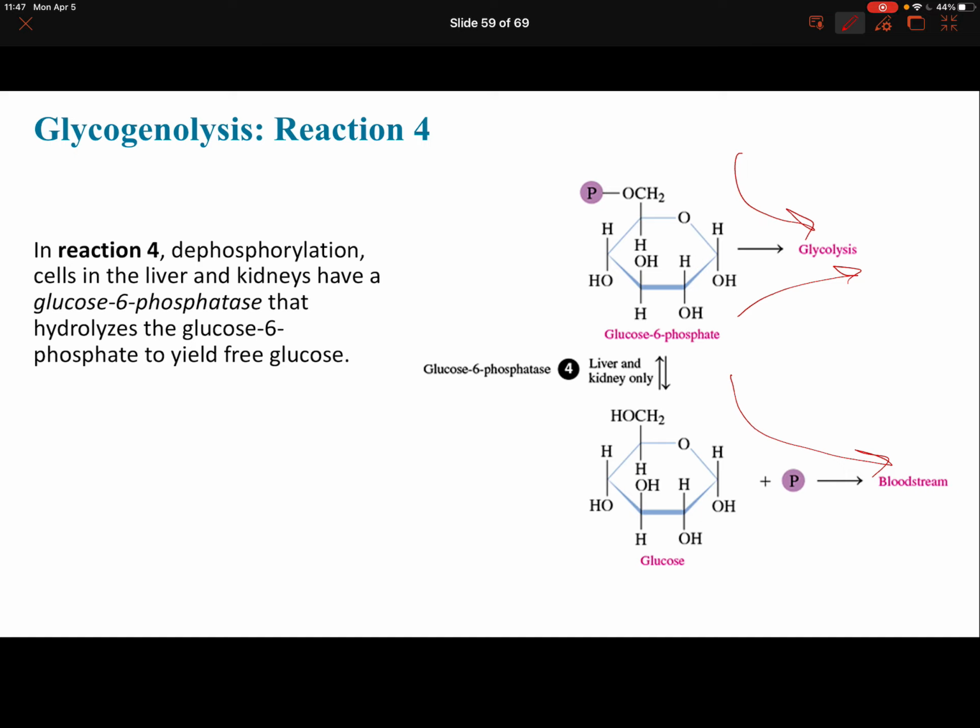It's stored in the liver and the kidney, and this is how it gets made into the right form so that it can travel to all the different cells, like your brain, where it gets absorbed and turned back into glucose 6-phosphate so it can undergo glycolysis inside that cell. It doesn't float around the body or in the blood as glucose 6-phosphate.